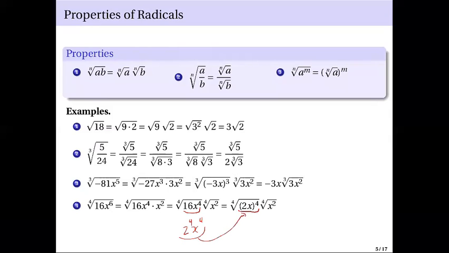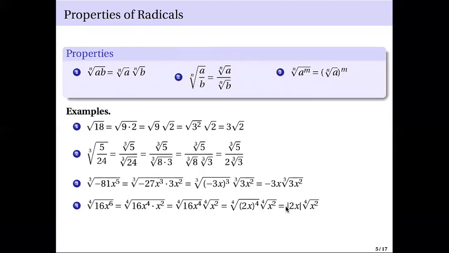Okay? So these 4 and 4 just cancel each other. And therefore, we have the absolute value of 2x, fourth root of x squared. Okay?